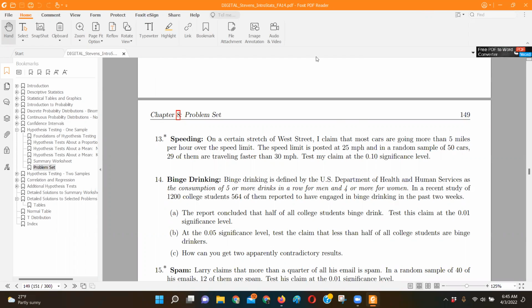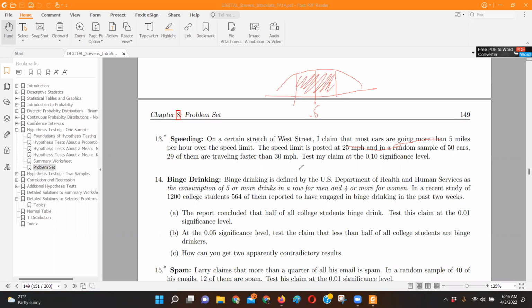This one about speeding, because this is exactly what somebody asked me in the forum. He's claiming that most cars are going more than 5 miles an hour over the speed limit. So we're saying that the true center of this population is about 50%. We know if we did a confidence interval, there'd be some variation.